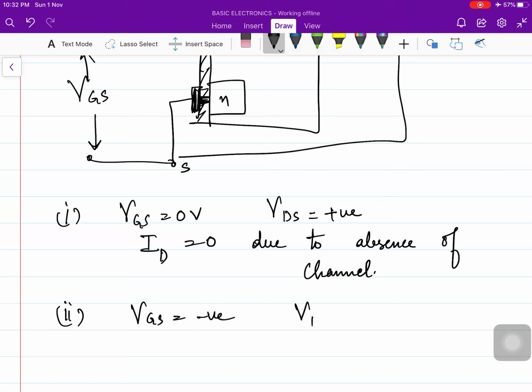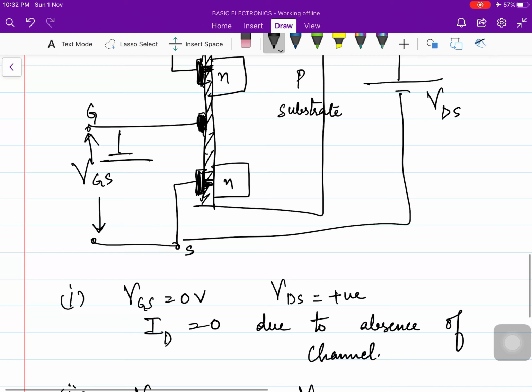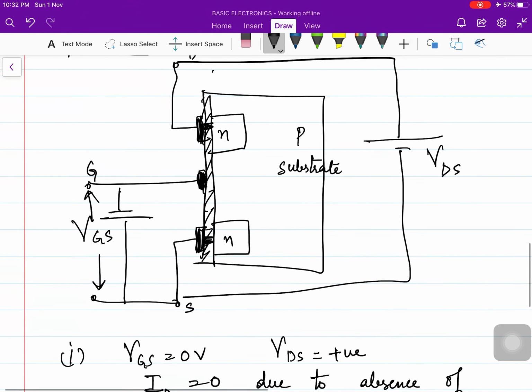Now second case, let us take VGS negative and VDS will be again positive. Now when VGS is negative, let's see by replacing it. So what happens? P has holes. Holes are being attracted towards the negative terminal of VGS and you will get holes over here, all the way holes.